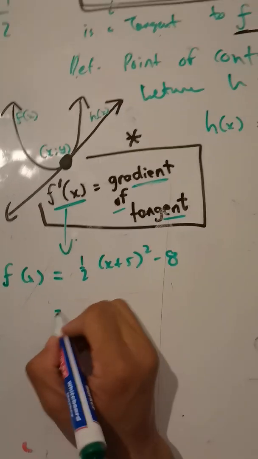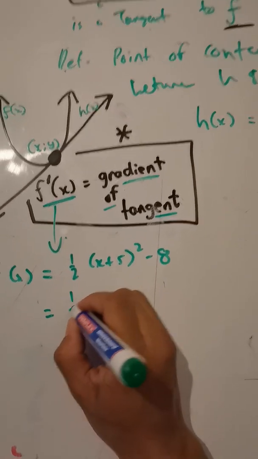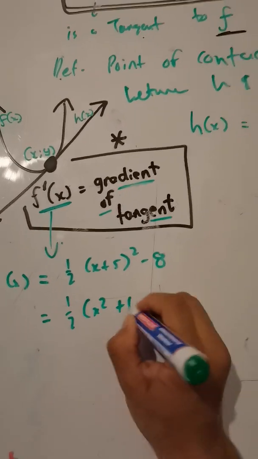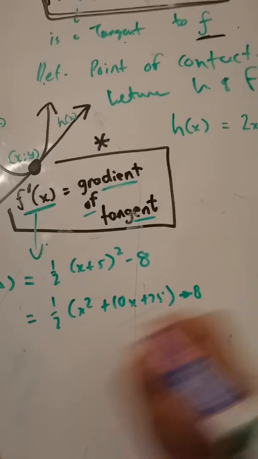Okay, but I need my general formula of the parabola, my standard formula of the parabola. So I'm going to have to multiply out. That's 10x plus 25 minus 8.